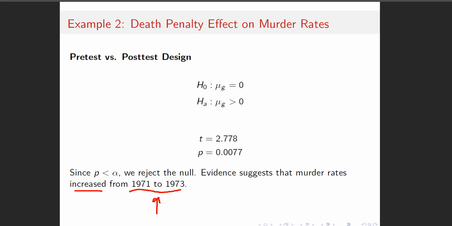And people who are pro-death penalty are going to say, well, it was a deterrent, and you take the deterrent away and the murder rates go up. And people who argue against the death penalty are going to attribute a number of different causes to why this happened. Again, it's not my job to debate what's the truth. We've just seen that we have scientific evidence that shows the murder rates increased starting in 1971 and then going to 1973.